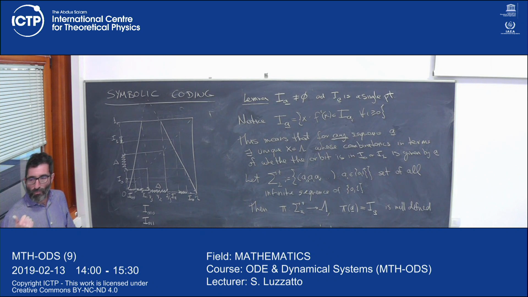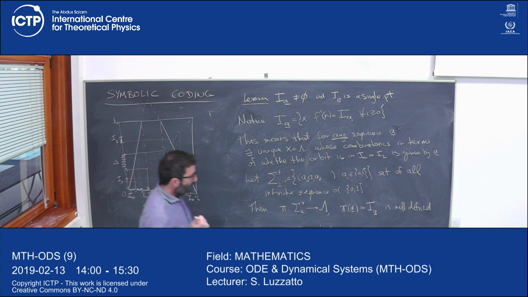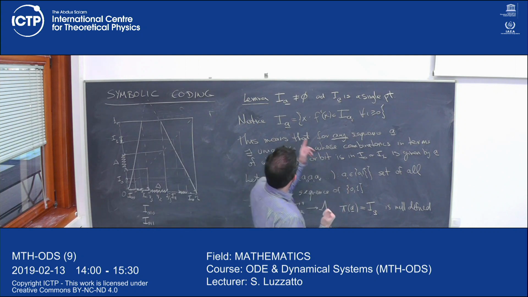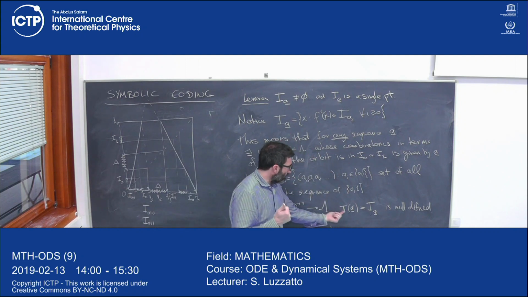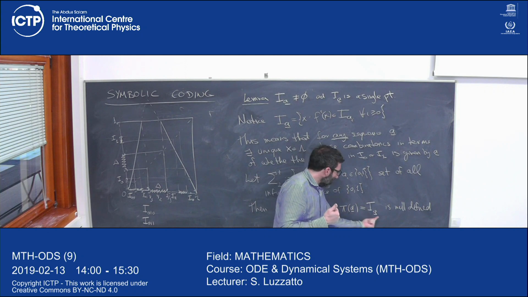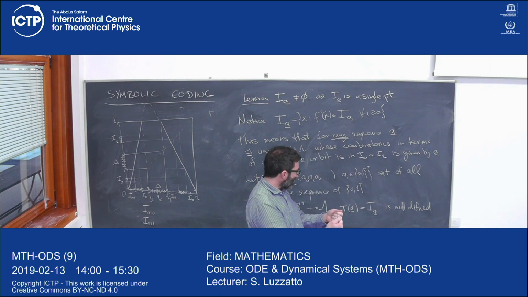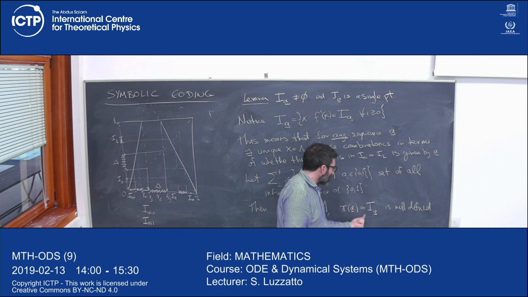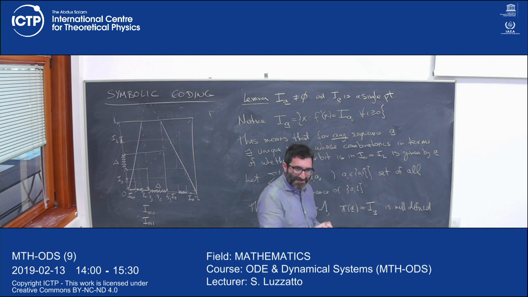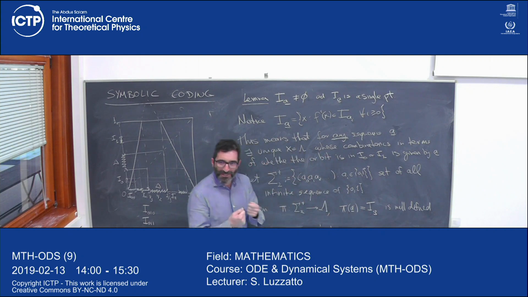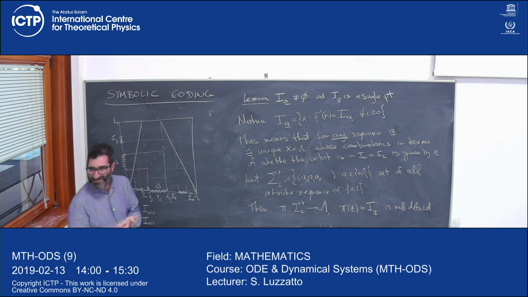Because of what we've just said here: if you take two distinct sequences, each of these sets is the set of points that has exactly that same combinatorics. So two different sequences cannot give the same point, so no two points can have the same combinatorics.